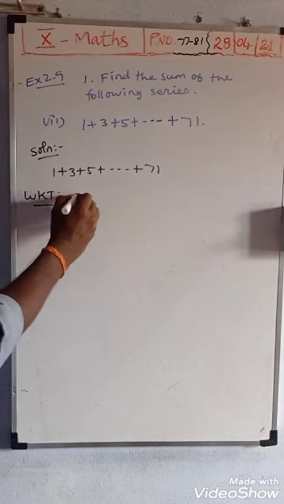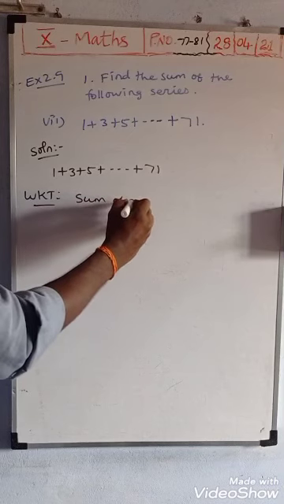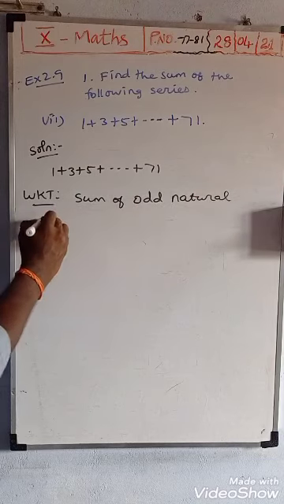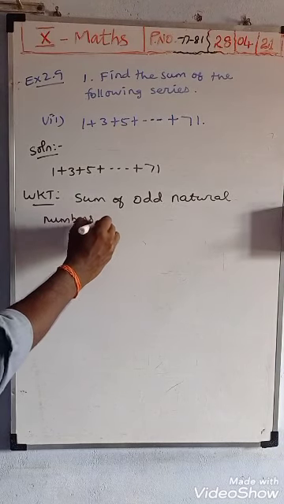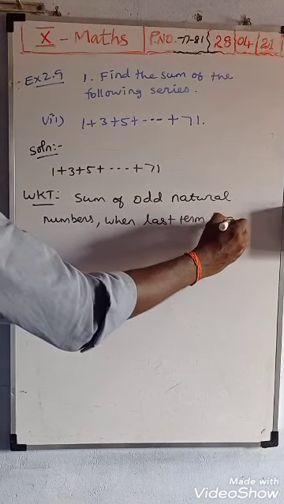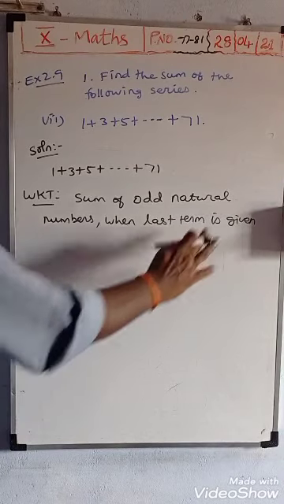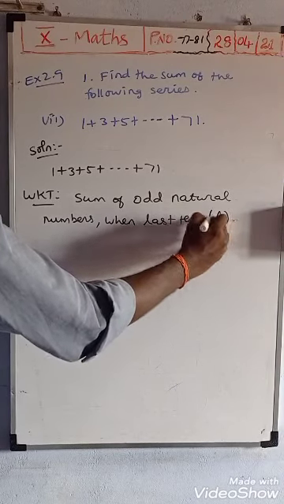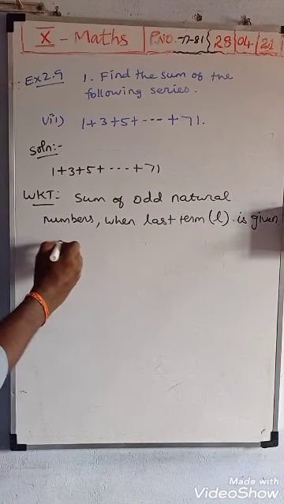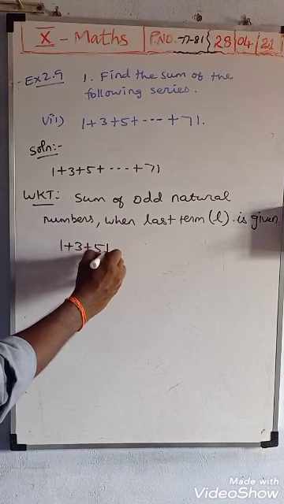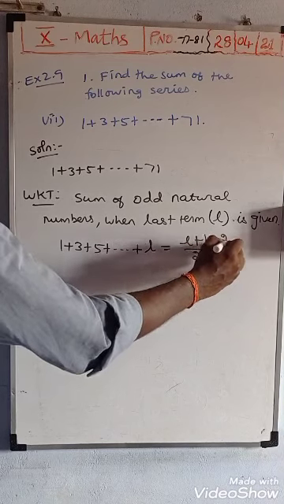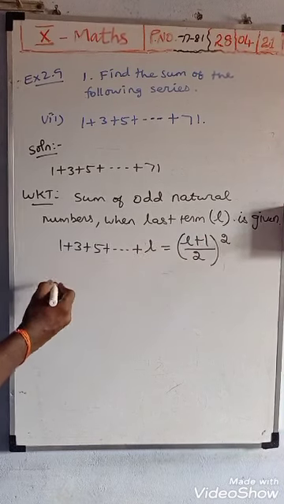You should write what this means: the sum of all odd natural numbers when the last term L is given. What is the formula? 1 plus 3 plus 5 plus up to etc. plus L is equal to L plus 1 by 2 to the whole square.